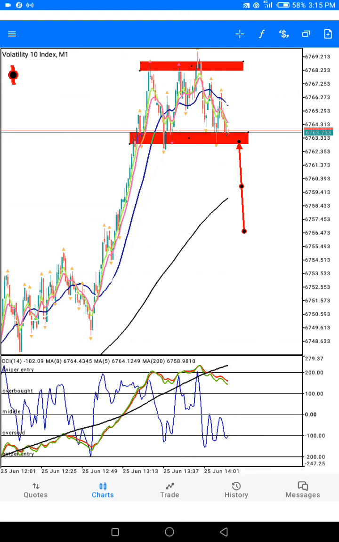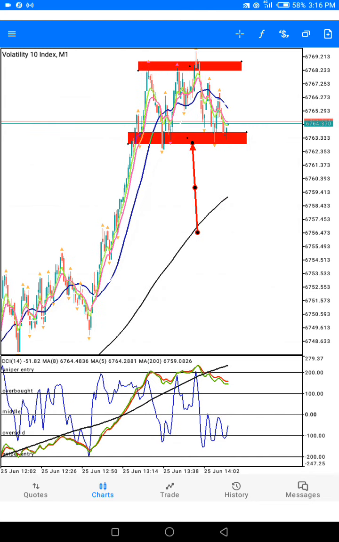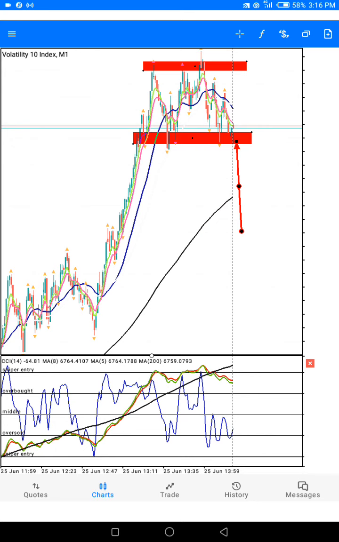Market is currently doing a back and forth move right there in the support zone. We are still expecting a major breakthrough. None has come yet, so let's observe the movements.